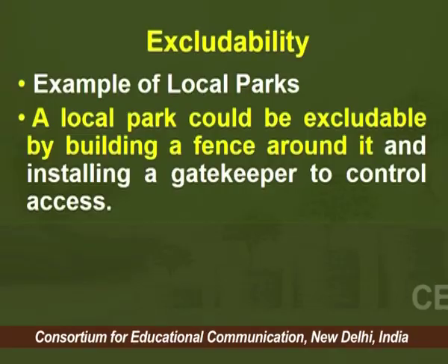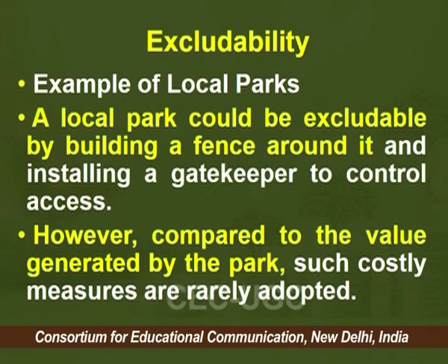Another example is local parks. A local park could be made excludable by building a fence around it and installing a gatekeeper, paying the gatekeeper some basic salary. One can check and control the entry to that local park. Thus the access to the local park is controlled, and we can say local parks can become excludable.